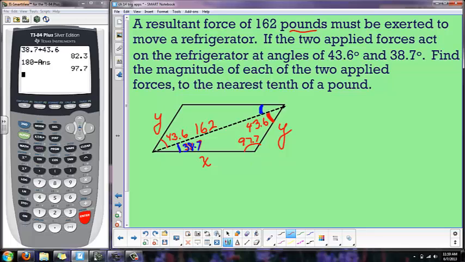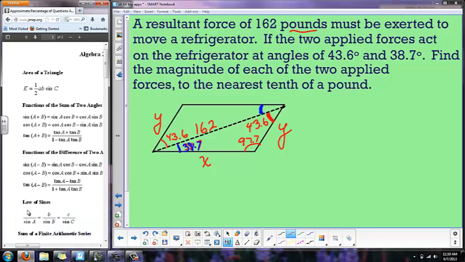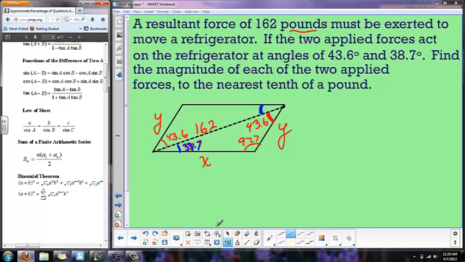But now what we're going to do is use the law of sines right here. I'm going to use this to figure out what x is and then to figure out what y is.